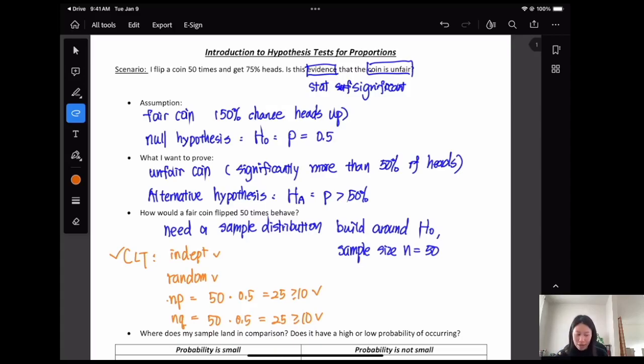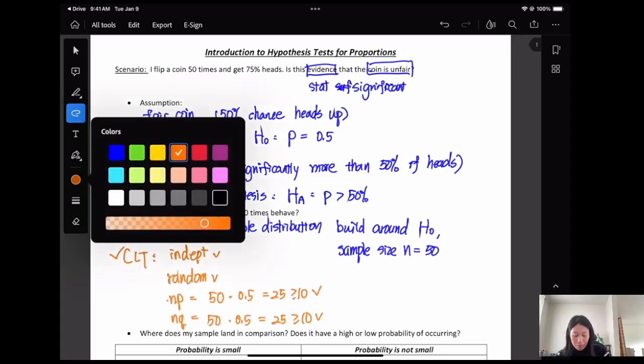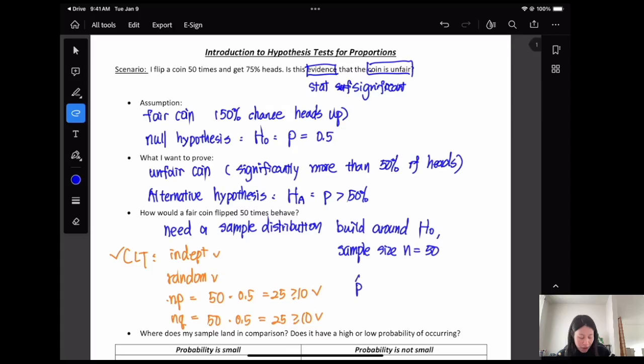This is going to be a normal distribution with mean p equal to 0.5, and standard deviation the square root of pq over n, which is the square root of 0.5 times 0.5 over 50. So this is going to be our normal model.